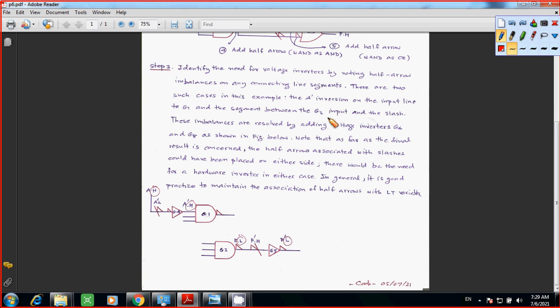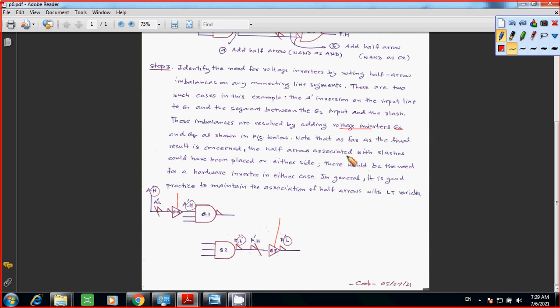And the slash. These imbalance are resolved by adding voltage inverters G4. Okay, this is your G4, and G5, this is your G5, as shown in figure below.